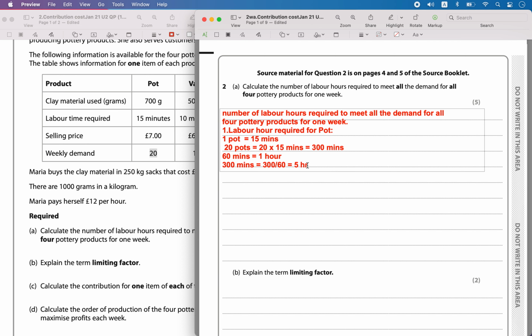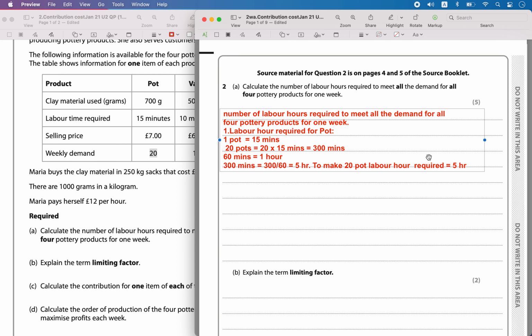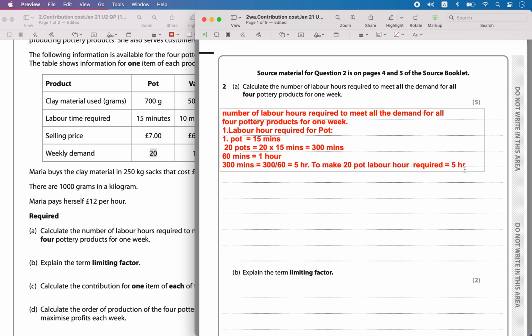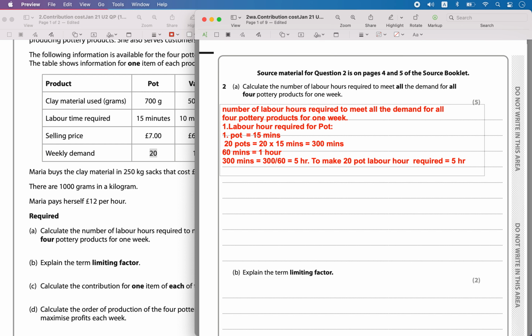So the labor hours required for the pot is 5 hours. This is the first one, for the pot.